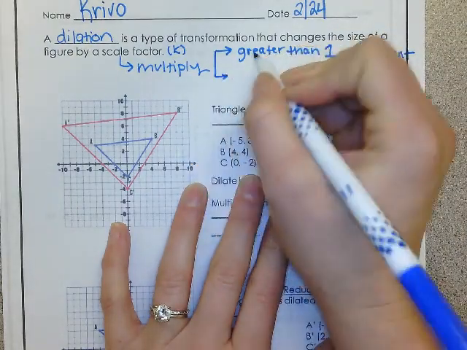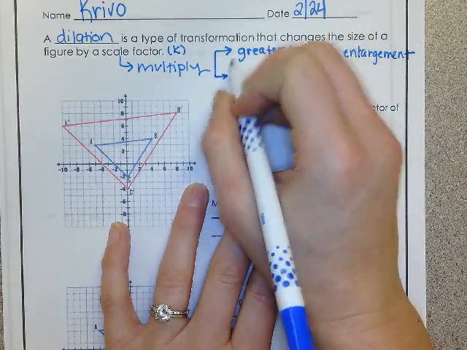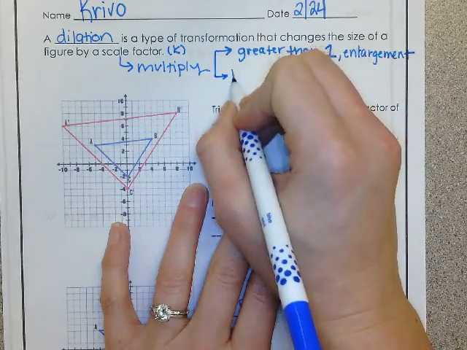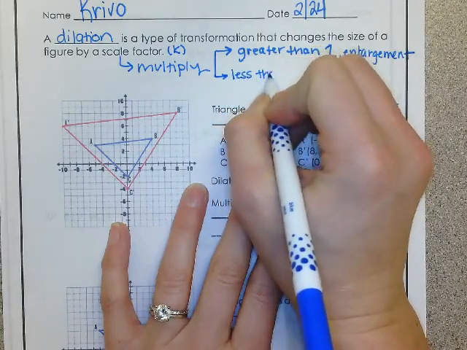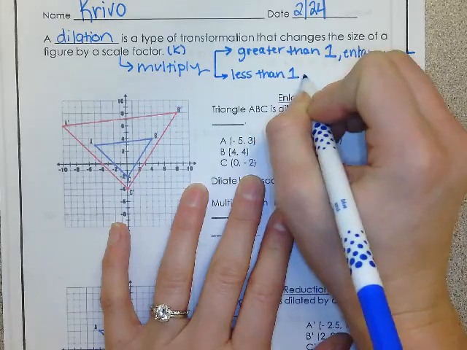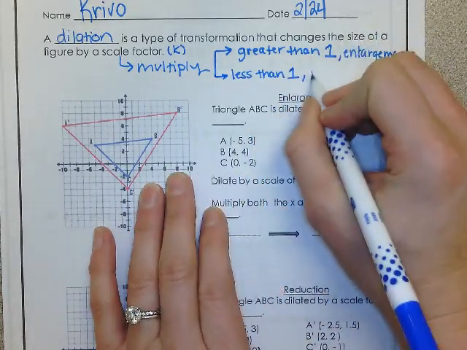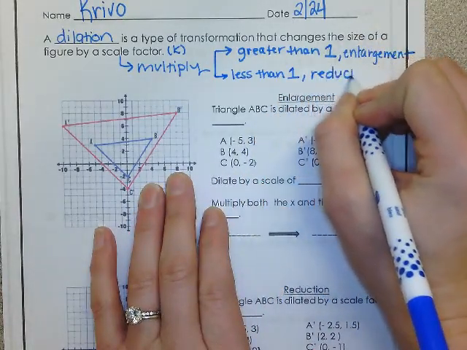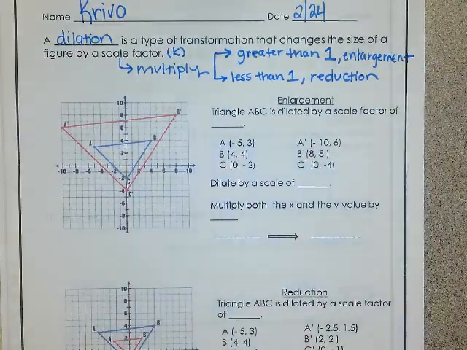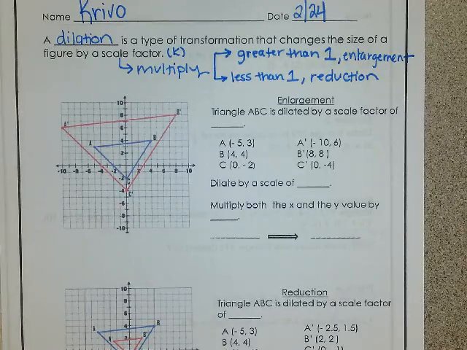And if it's between 1 and 0, or we say less than 1, that is a reduction. What happens if I multiply something by 0? What would happen? It would disappear, right? Okay.